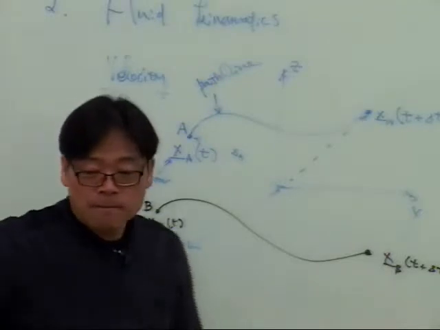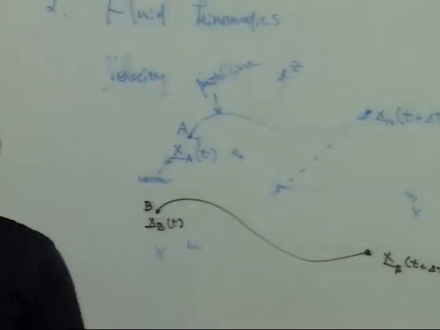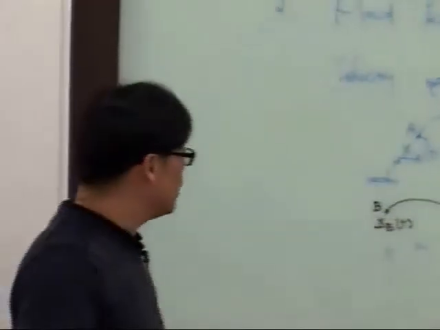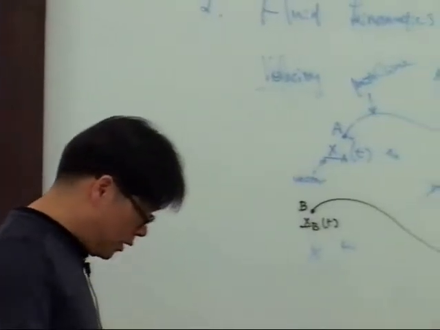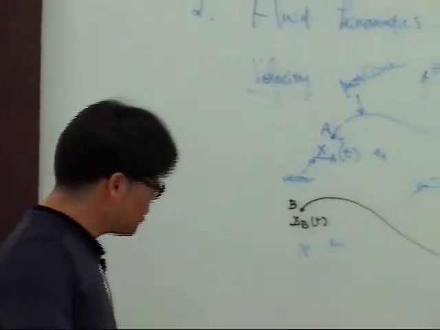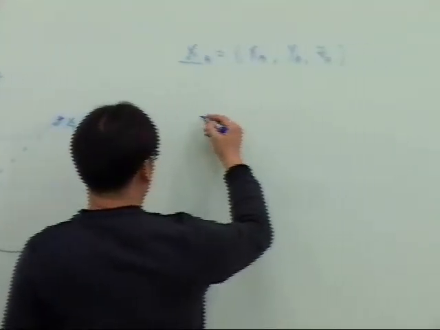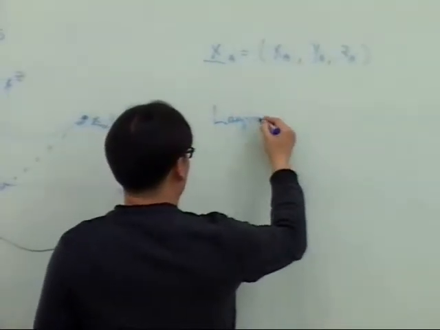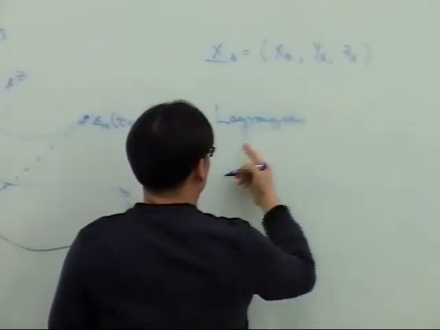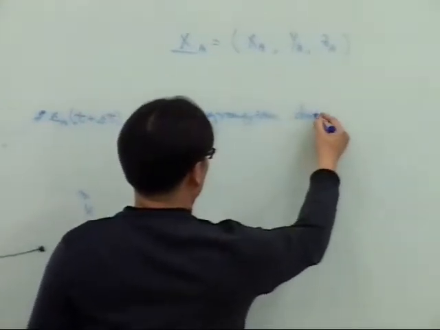Now, there are two different descriptions in fluid mechanics to write velocity or acceleration. One is the Lagrangian description, and the second is the Eulerian description. Lagrangian description.